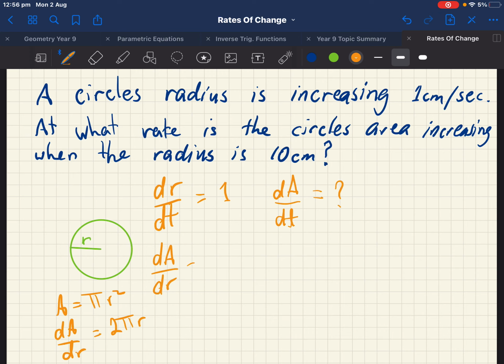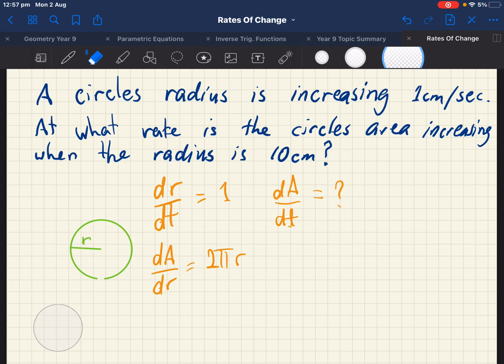Let me rewrite it up here with the rest of the things that we know. Okay, so we know what dr/dt is, we know what dA/dr is, and we're trying to work out what dA/dt is.